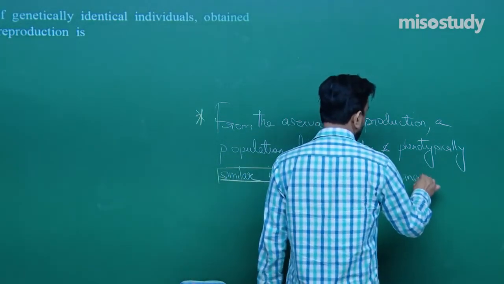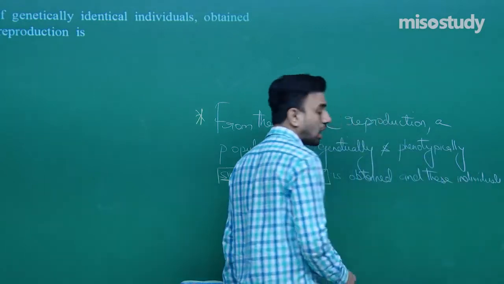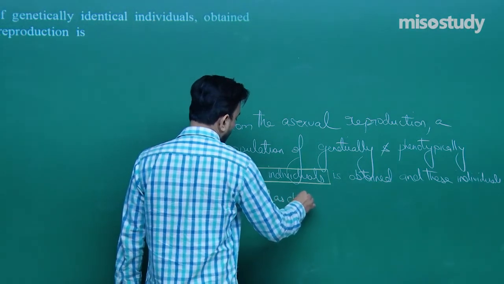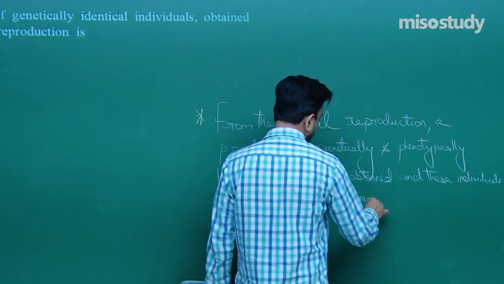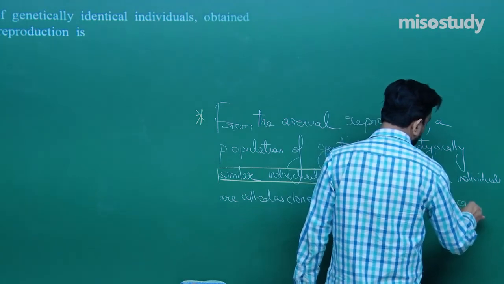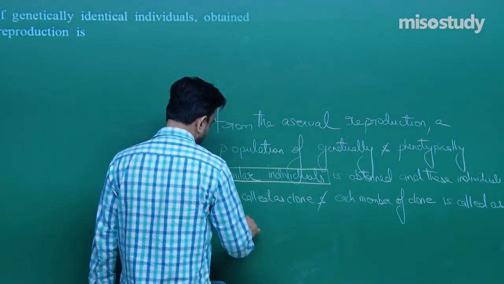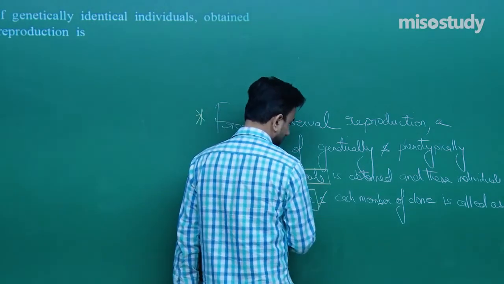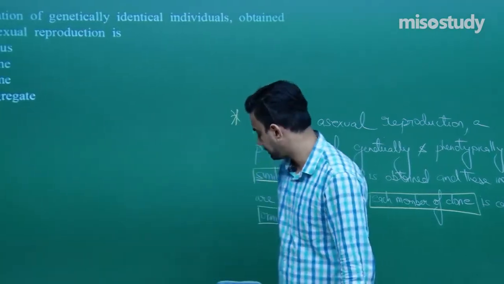These individuals are called a clone, and each member of the clone is called a ramet.